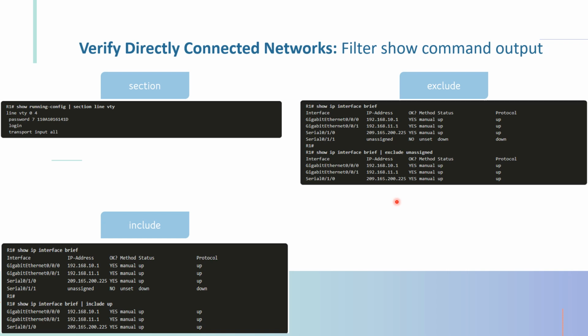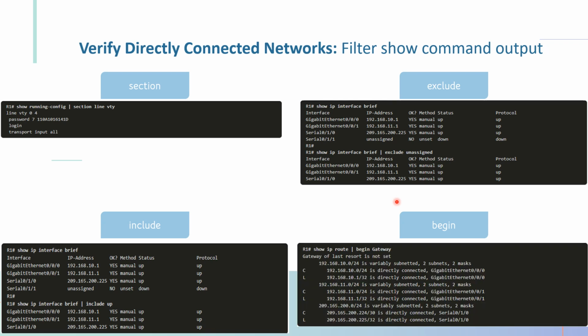And the last one is the filter begin. We show all the output lines from a certain point, starting with the line that matches the filtering expression, as it is shown here. By using the show IP route, only those lines which begin with gateway, this will be the information.